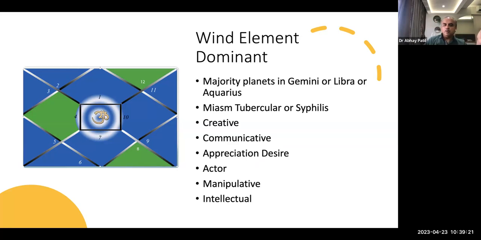So wind element, it can be like phosphorus, it can be like sulfur, it can be bromium, it can be cannabis, it can be opium. So a lot of drug remedies will come up in wind dominant people.